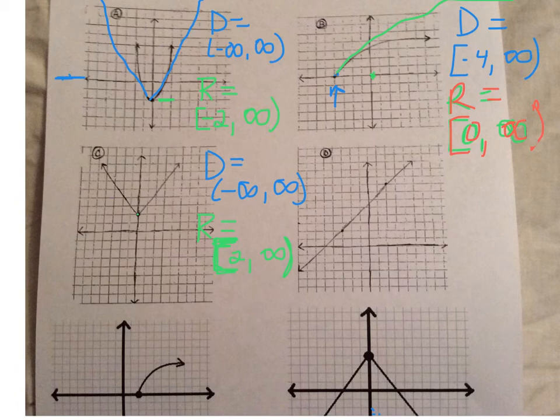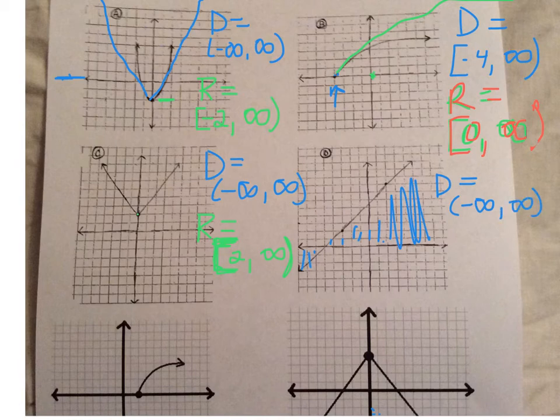All right, in this case, this is a line, and something interesting about a line is the domain and range for a line will always be all real numbers, or negative infinity to positive infinity. So the domain here, because look, no matter where I go along the x-axis, I can always draw a line up to the function, is always negative infinity to infinity.